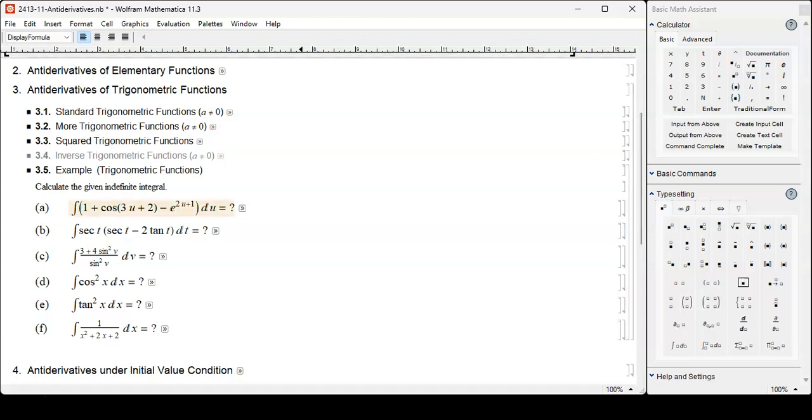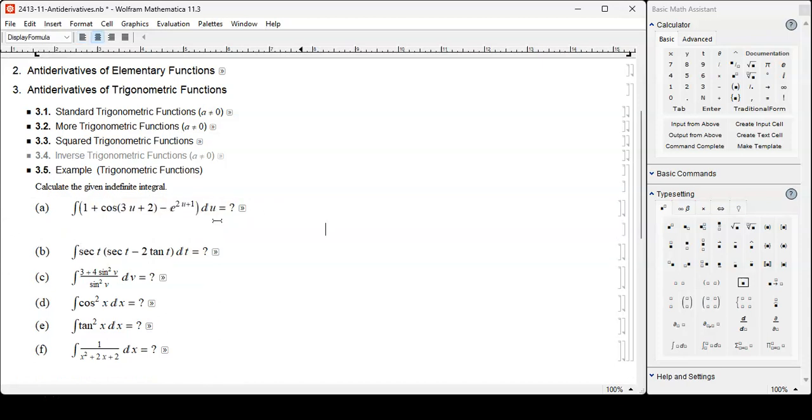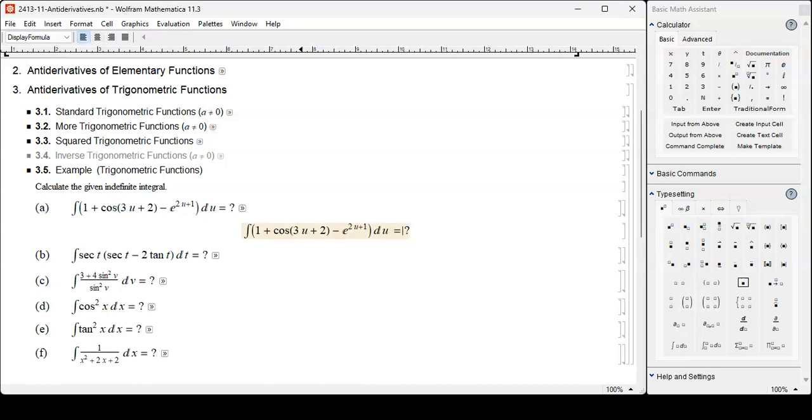Here we go. Antiderivative of this, well, we have a constant, trig, and an exponential. Okay, let's go ahead and do that. So how about 1? That's a constant, so you're going to get just 1u.